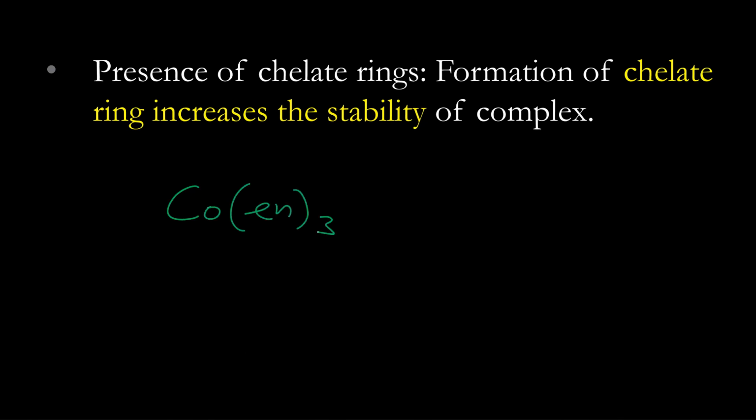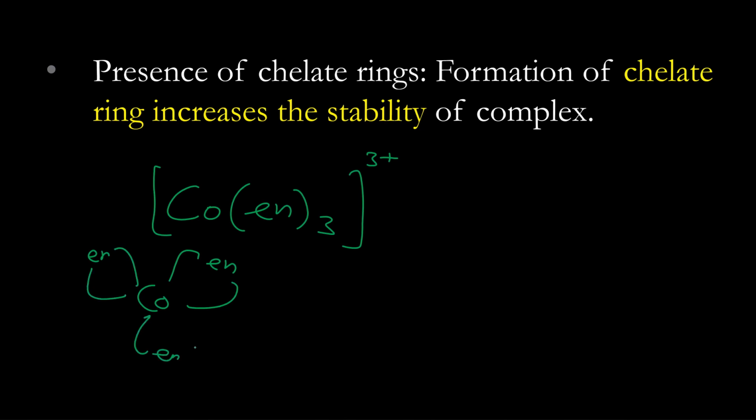Suppose you have this one, okay? In this case, you have en, en, en. Didentate, tridentate, polydentate ligands are called chelating.